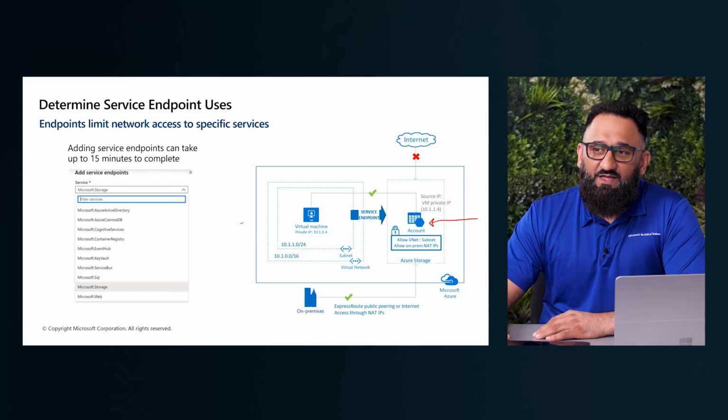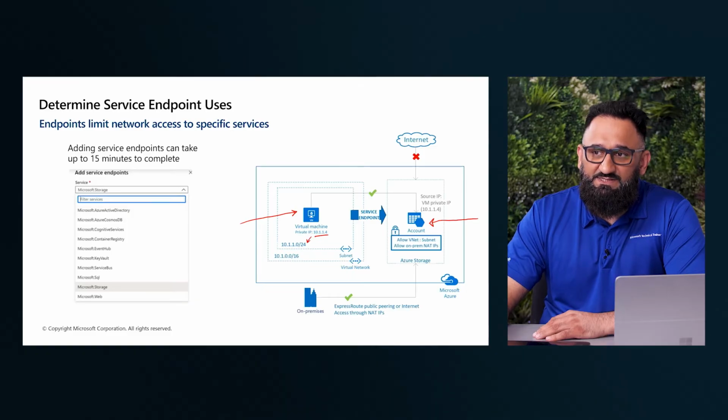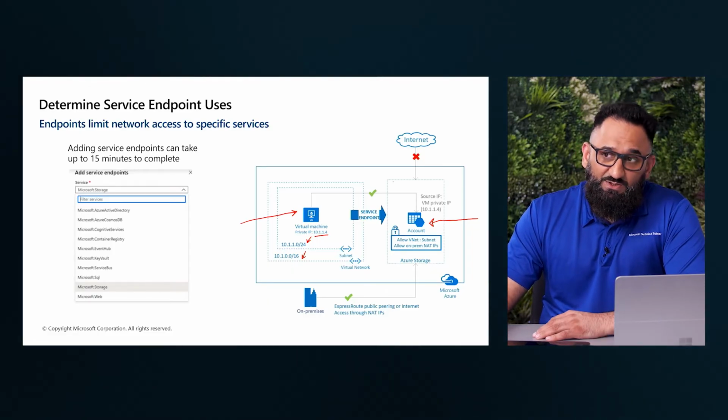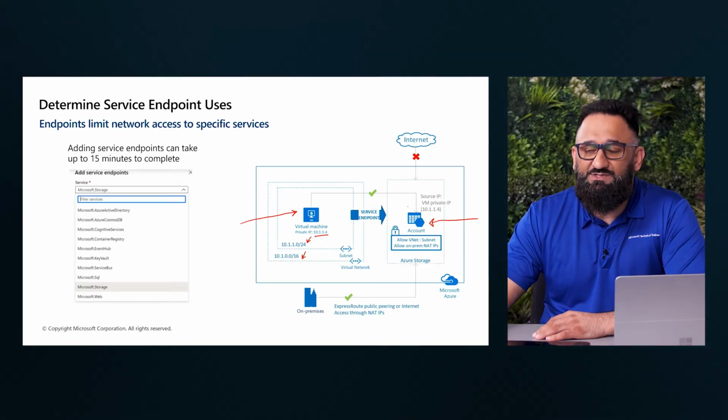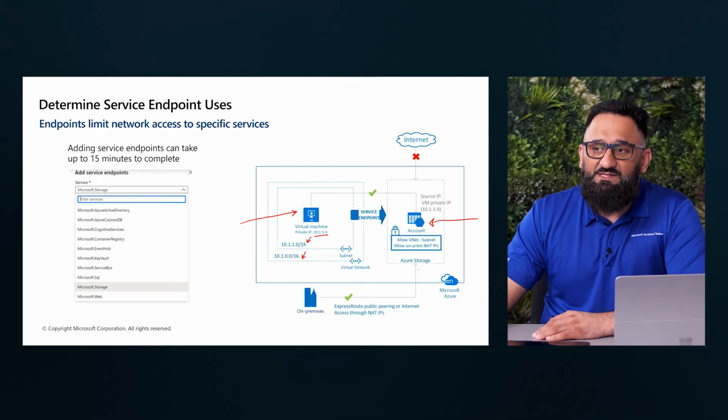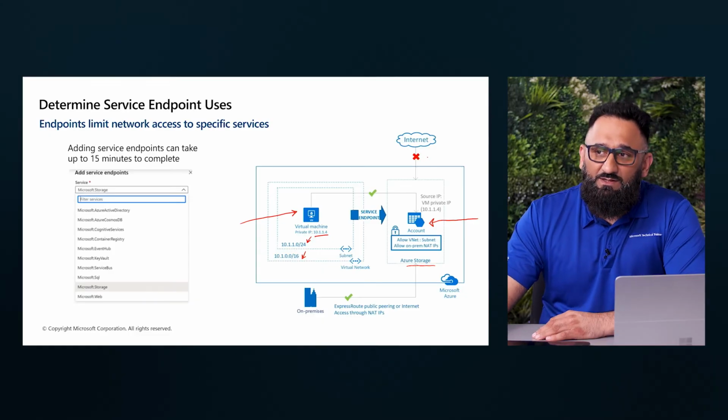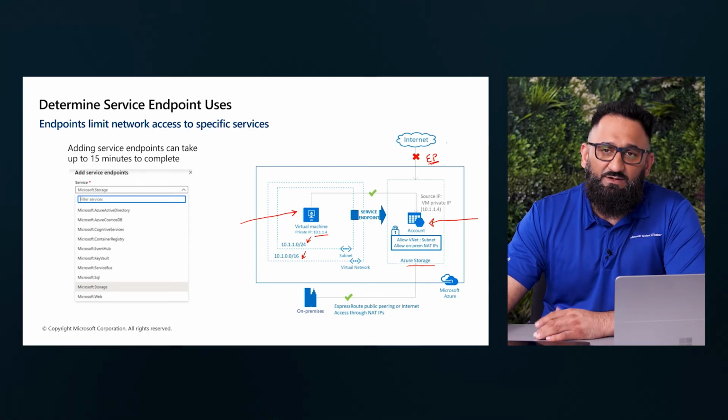I also have a virtual machine that sits in this environment. This virtual machine has its private IP address and belongs to a subnet, which belongs to a virtual network in this setup. Now, what we're trying to look at in this connectivity is typically when you're working with a storage account in Azure environment, these storage accounts will typically have what we refer to as endpoints. Now, a lot of the time, these endpoints are public links that you can use to reach the destination on the cloud services.